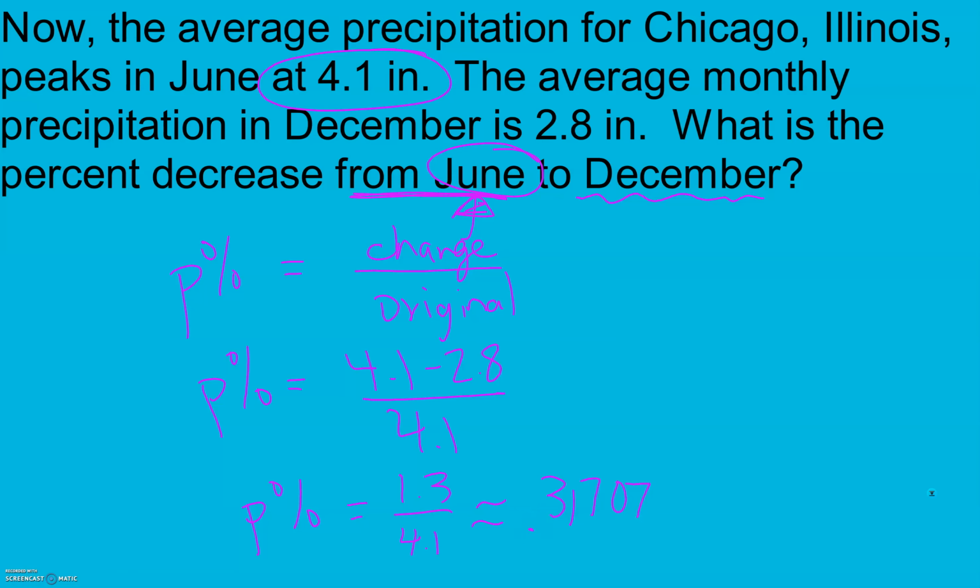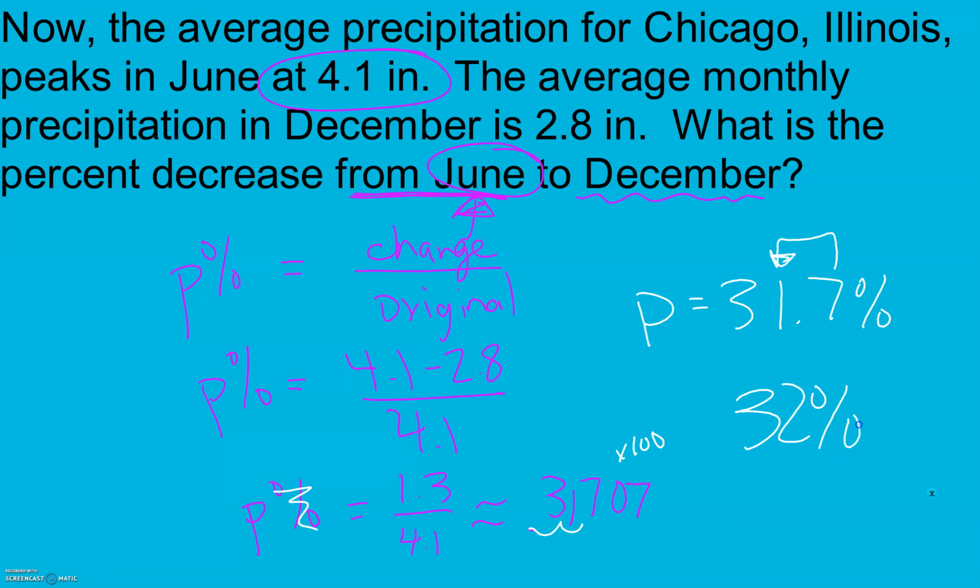Now, I'm going to switch that from a decimal to a percent by moving it 2 decimal places or multiplying by 100. And here we're going to round to the nearest percent again. So I look at that 7, which rounds up to 32%. So 32% decrease.